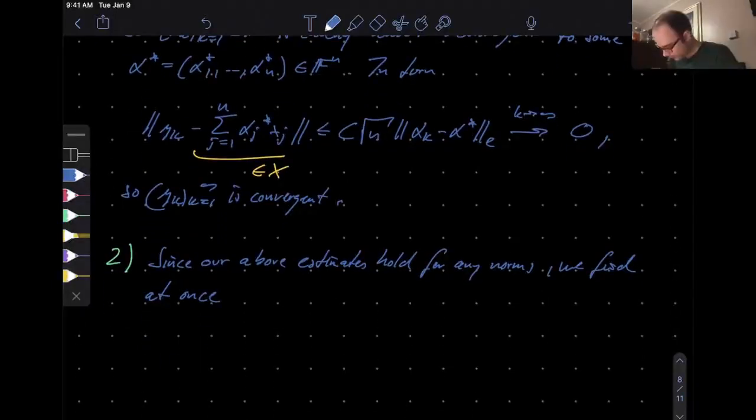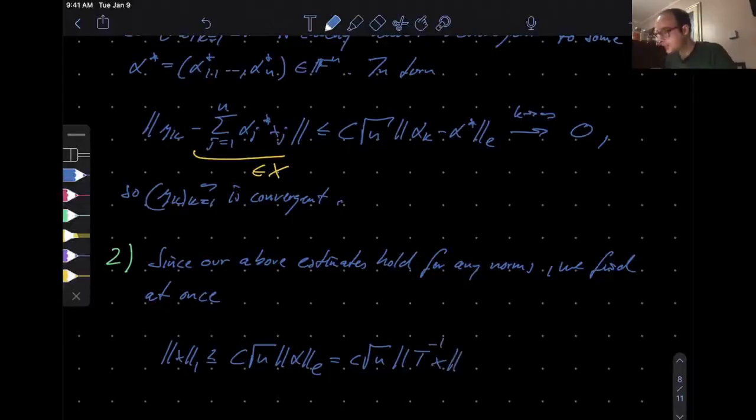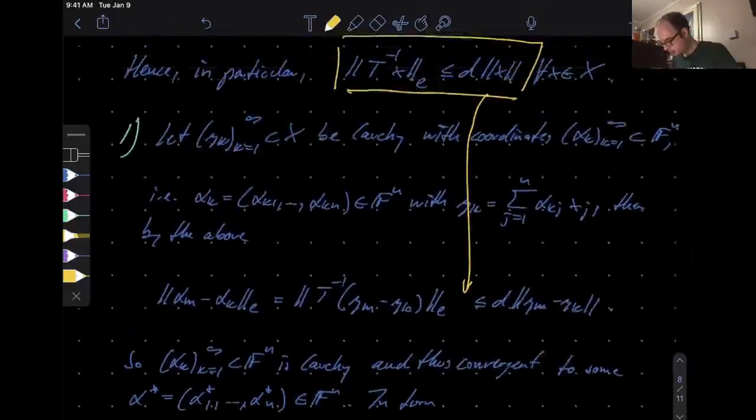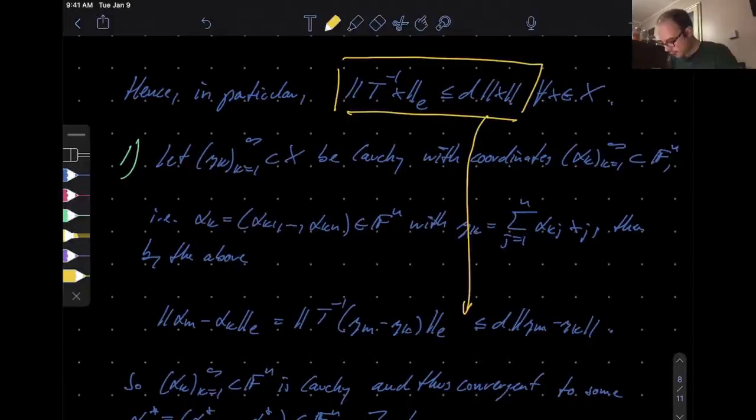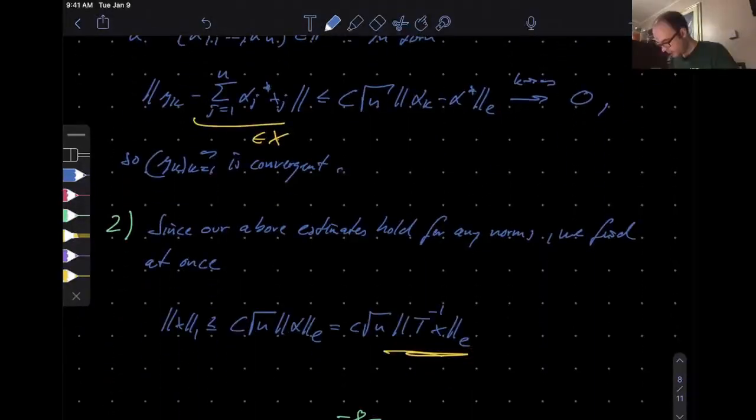the first one was, I do the 1 norm is less than or equal to c square root n, then the coordinates in the Euclidean norm. Yeah, but the coordinates in the Euclidean norm, this was the pre-image of t under x. So you have this. Okay, but then for this one here again, you use our box up there with the 2 norm now in place, because remember it worked for all norms.